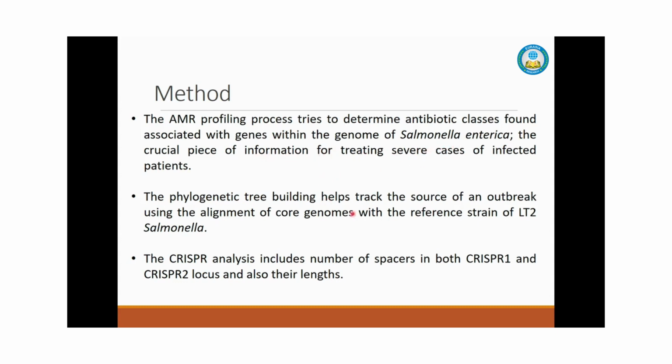The tool can also build the phylogenetic tree, which can help track the exact source of the outbreak events using alignments of the core genome with the reference strain, Salmonella LT2.